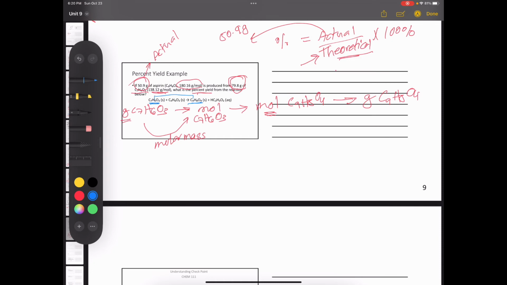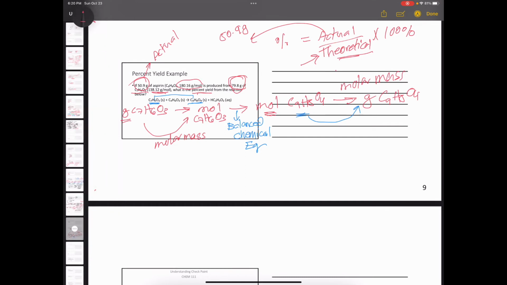That means if I have 1 mole of salicylic acid, theoretically, I should have 1 mole of aspirin in my products, okay? So this will come from the balanced chemical equation. Once I have moles of aspirin, I should be able to convert that into grams using the molar mass one more time, which has also been given to us in the question.